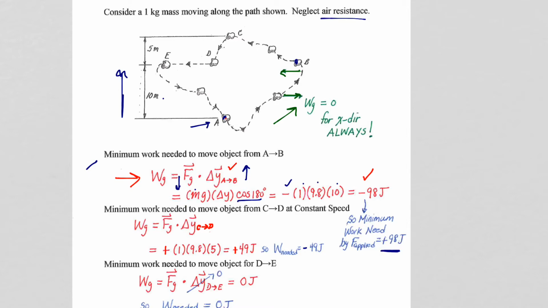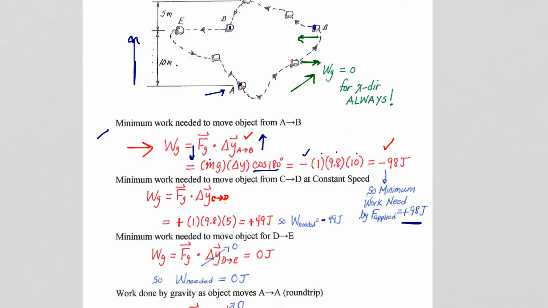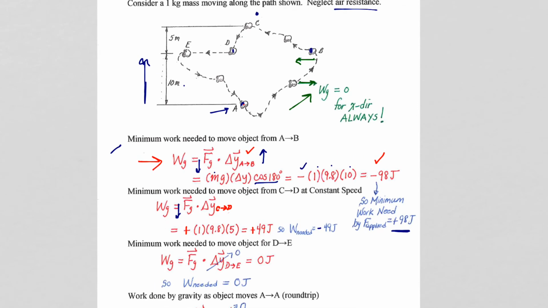How about the minimum work needed to take the object, this 1 kilogram mass, from position C to position D? So now we're going down 5 meters. So the force due to gravity is downward. Now from C to D, that's downward.